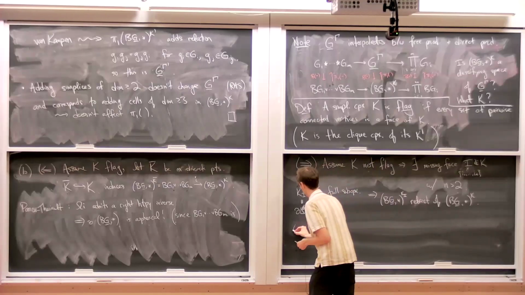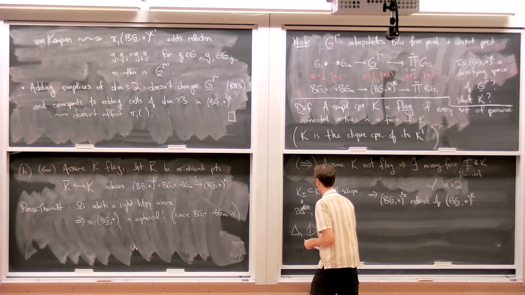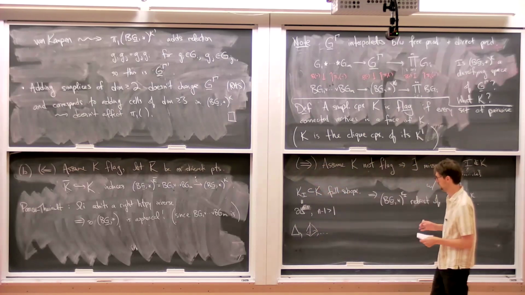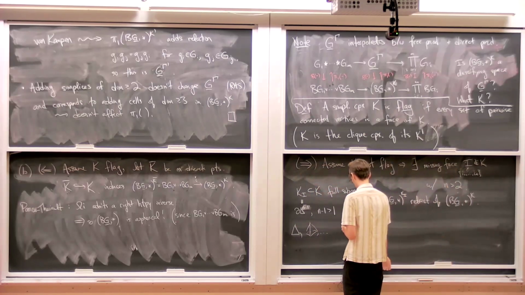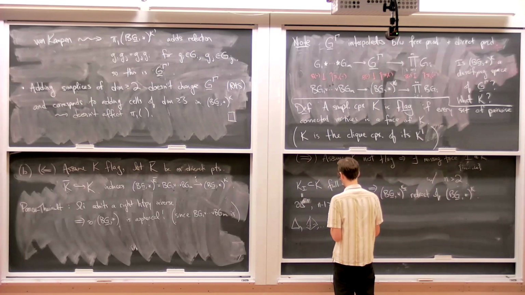So that's what I meant by a missing triangle or a missing 3-simplex, something like that. So it suffices to show that this thing has some higher homotopy groups.